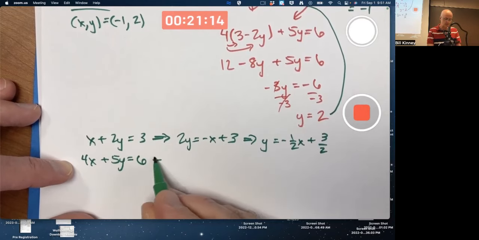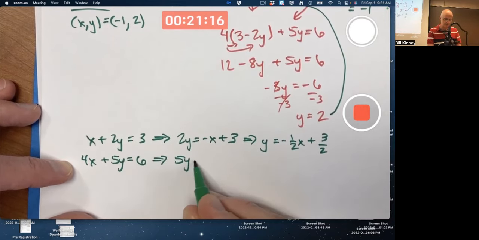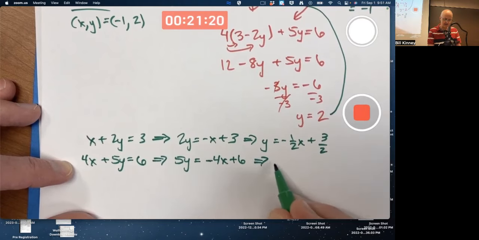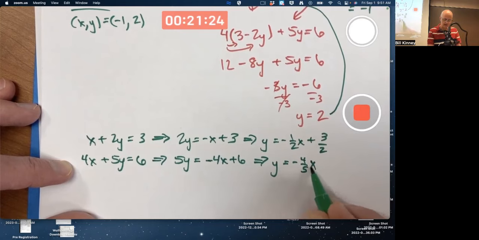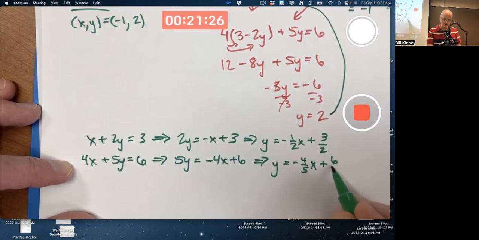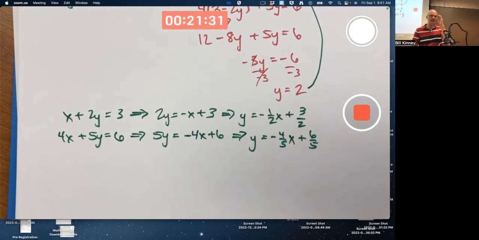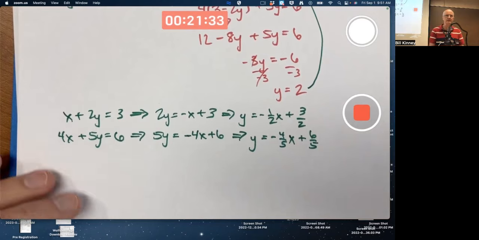But we can also write each of these in slope-intercept form. The second one is a line with a slope of -4/5 and a y-intercept of 6/5. Should feel comfortable dealing with fractions, okay, not just decimals here.